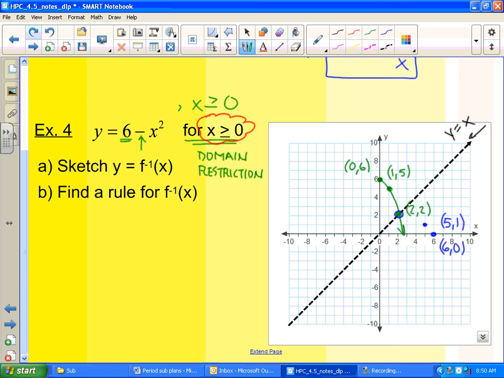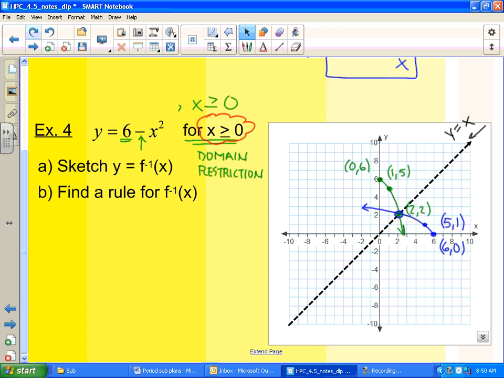So my graph looks like that. There is the reflected image of the green, just simply by swapping out my x and y coordinates. It's a vertical line test passer. I can pass the vertical line test. It's a function, therefore it's an inverse. So that's part A, sketching the graph.